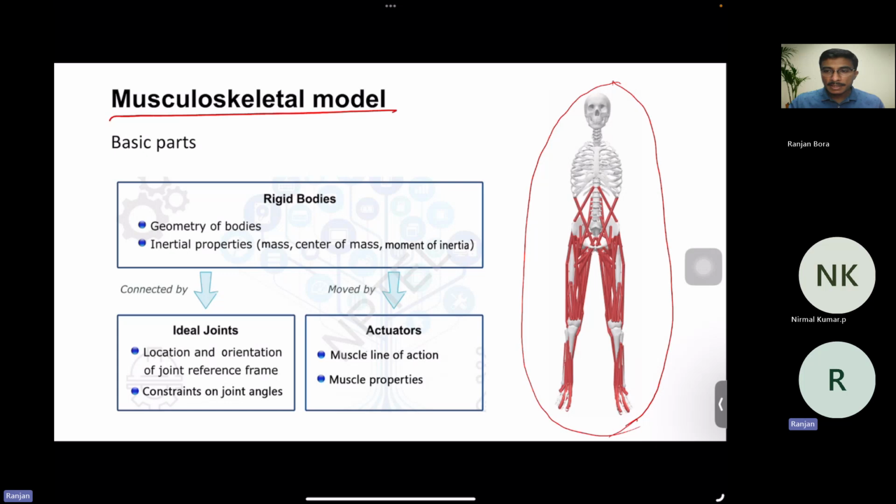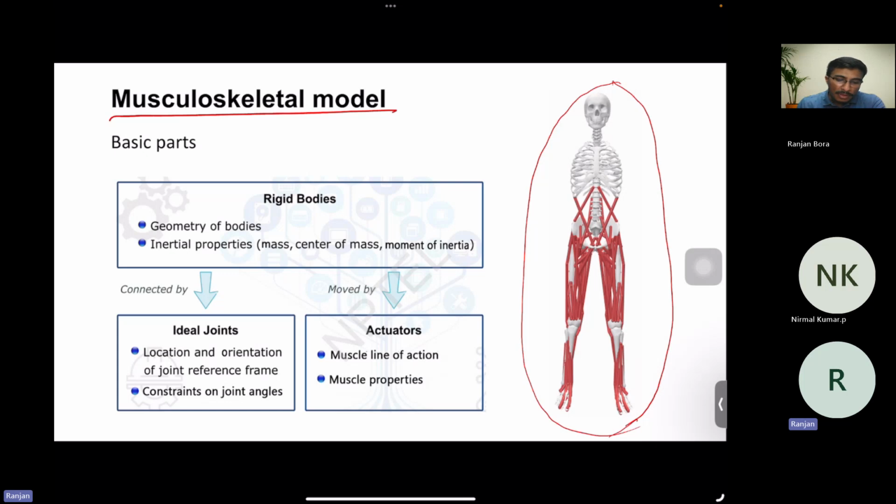Whatever we have learned till now, using hand calculation, we can calculate the joint reaction force. But for complex scenarios and complex joints, there is one alternative to hand calculation, and that is using software simulation. To perform the software simulation, we need a musculoskeletal model, and we can use this model for calculation of joint reaction force for different activities.